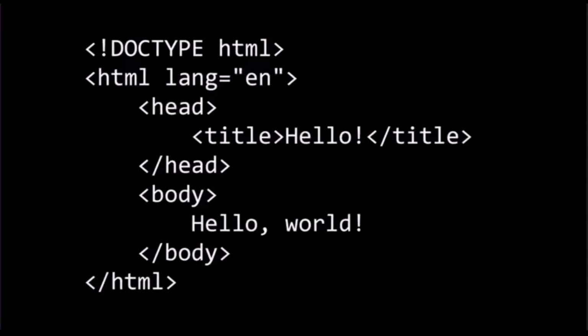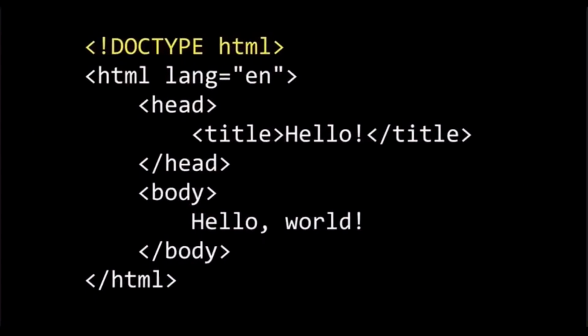This is the basic structure of every HTML document. First, we can see the doctype html, the html, and then the head, the title, the forward slash head, the body, and then a simple text, hello world, and then the closing body. So let's explore this structure.